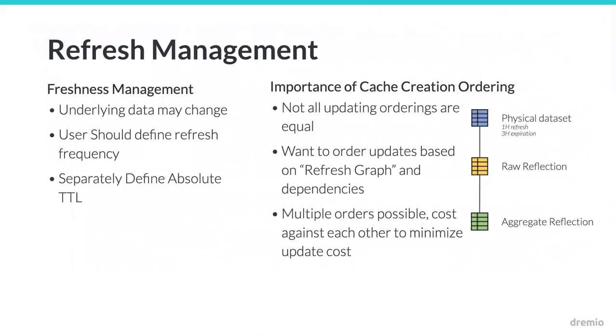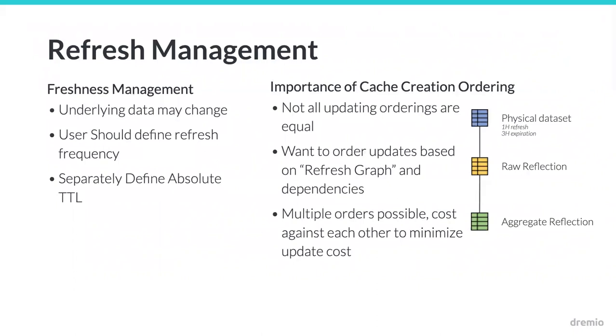Another thing that is important about how we manage these refreshes is that it's possible that one reflection could actually use some other reflection as part of its refresh. So we make sure, using what we call a dependency graph, to order the refreshes appropriately.